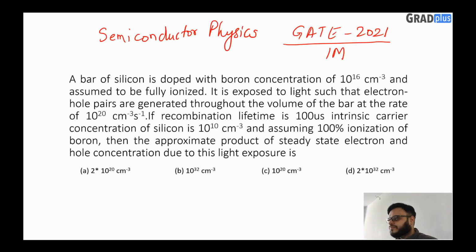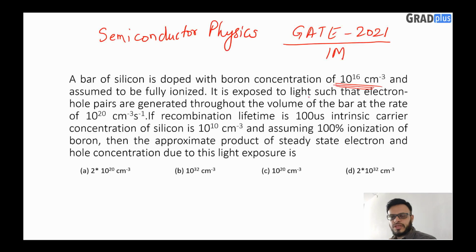Okay, so here a silicon is doped with a boron concentration of 10 power 16 per centimeter cube. It means we have 10 power 16 atoms doped in per centimeter cube volume, and so this is our doping concentration.